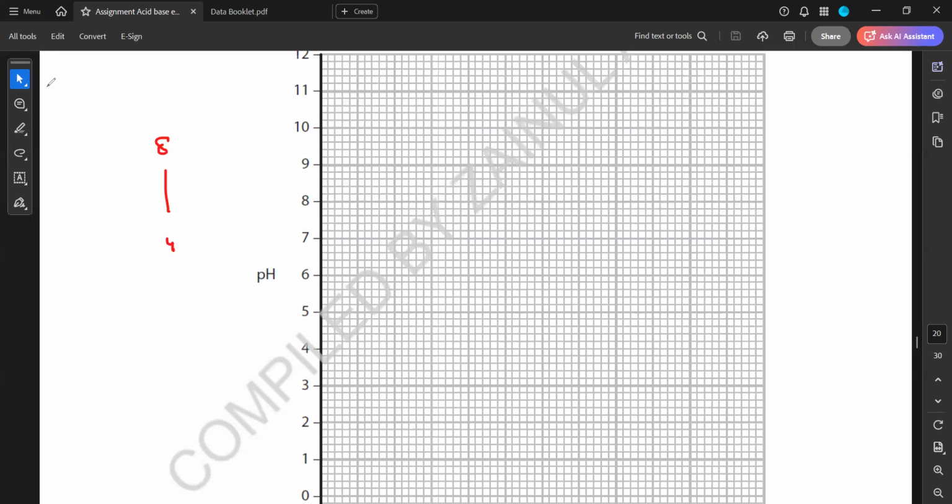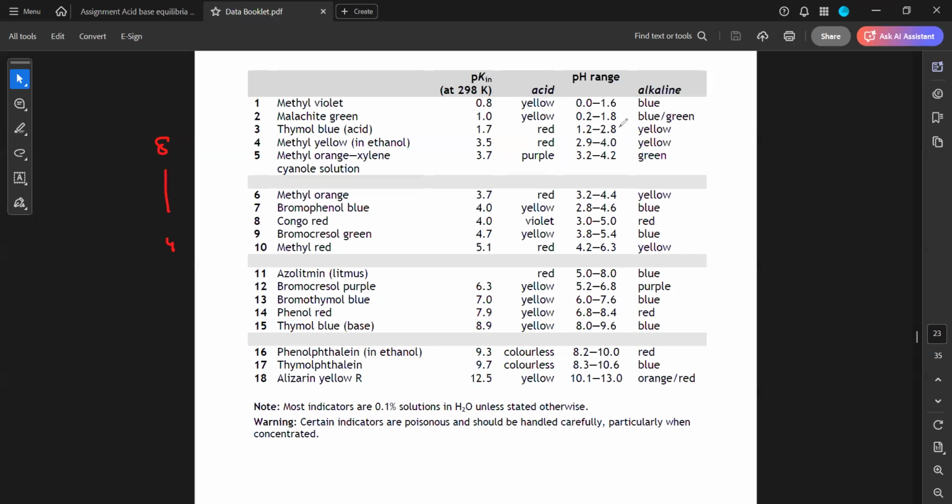So we have to select an indicator which shows a color change. We cannot use all of them, because this can be used. This can be used. This can be used. This can also be used. This can be used. The best one lies between, like 5 to 8 lying within the range.